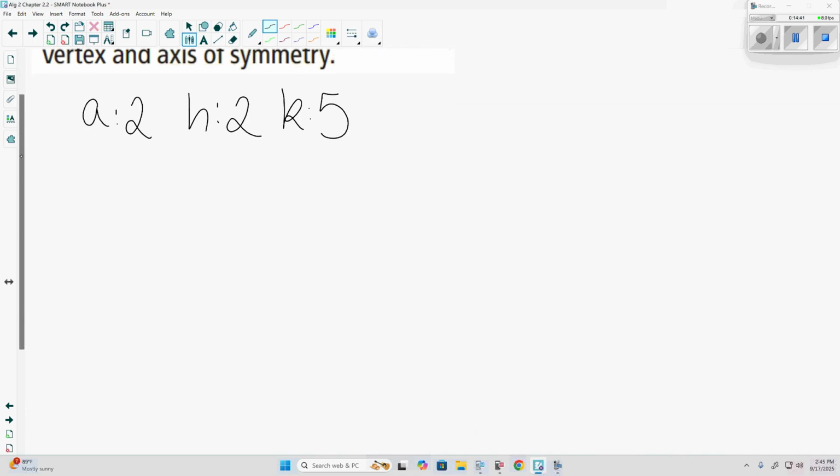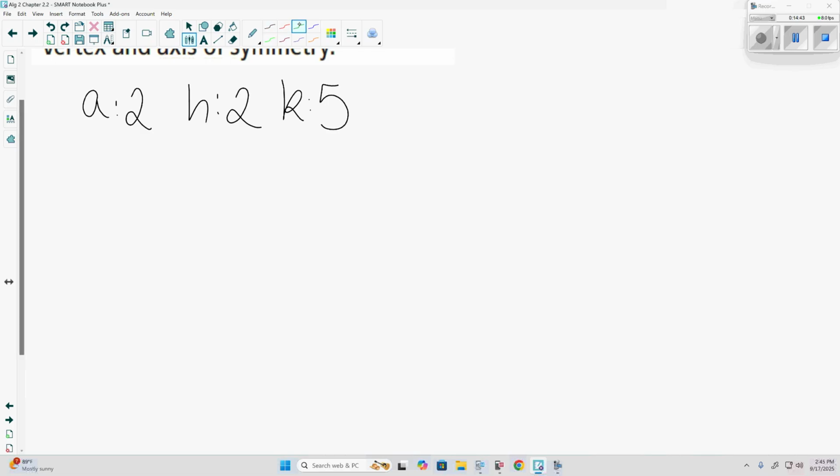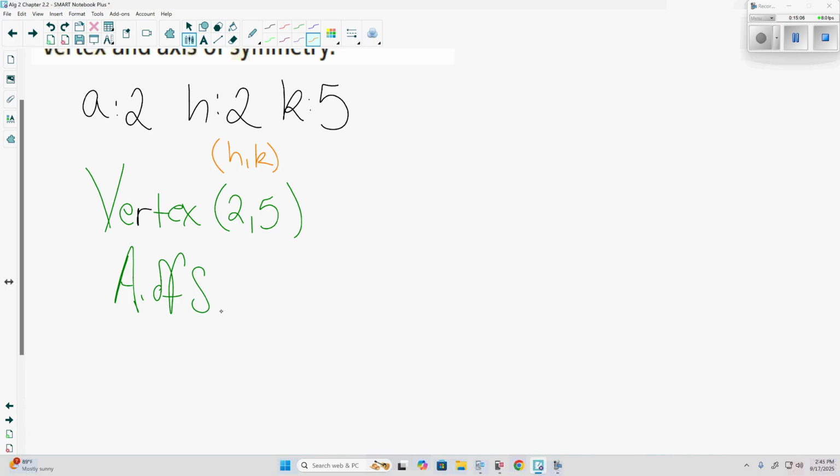Positive 5. Now in vertex form, again, the vertex is the point H, comma, K. And what's our value of H? 2, comma, then our value of k is 5. So the vertex is the point 2, 5.